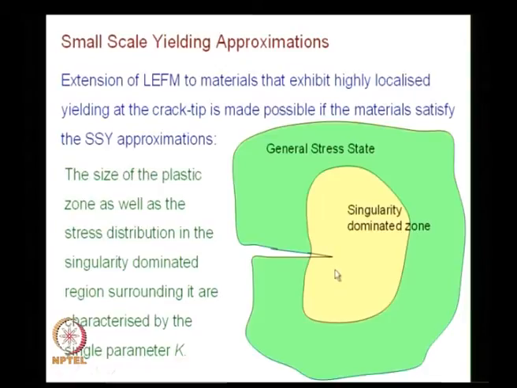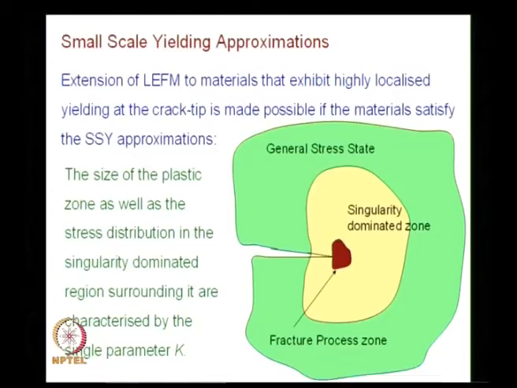For clarity it is drawn like this, make a neat sketch of this, and within the singularity dominated zone I have what is known as the fracture process zone. These shapes are freely drawn, there is no mathematics attached to it. So, you have to take them as representative figures. In an actual problem, these shapes have to be obtained by a detailed calculation.